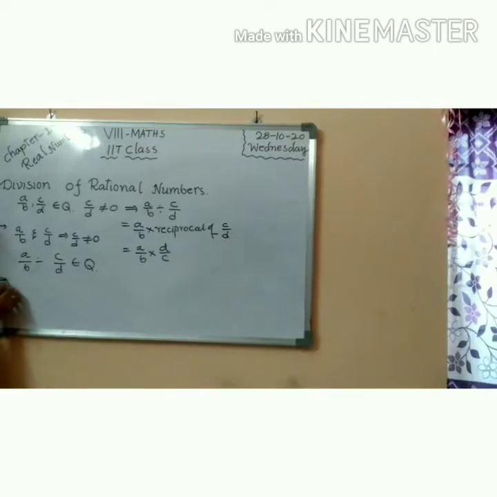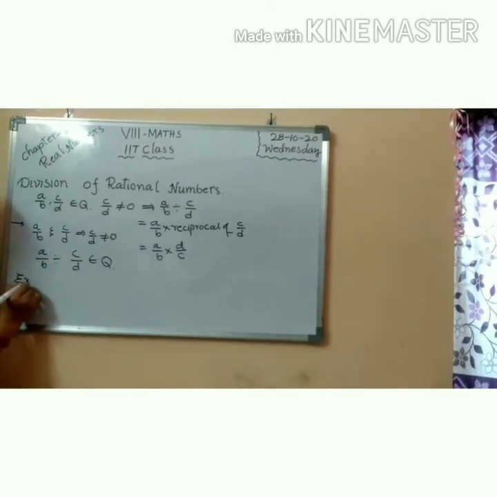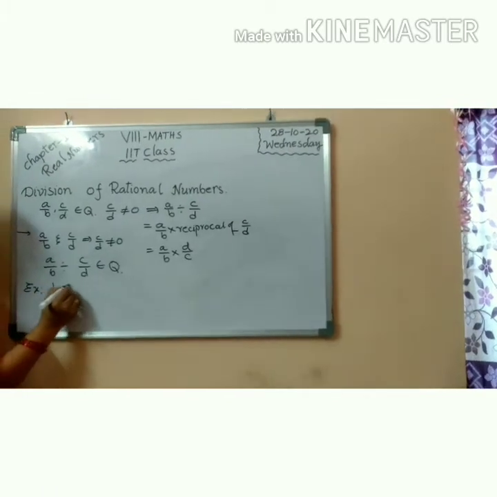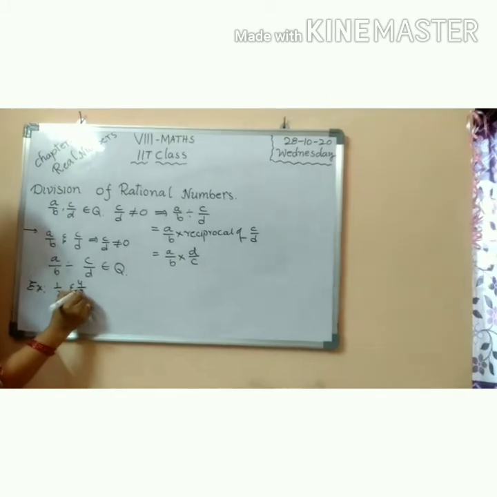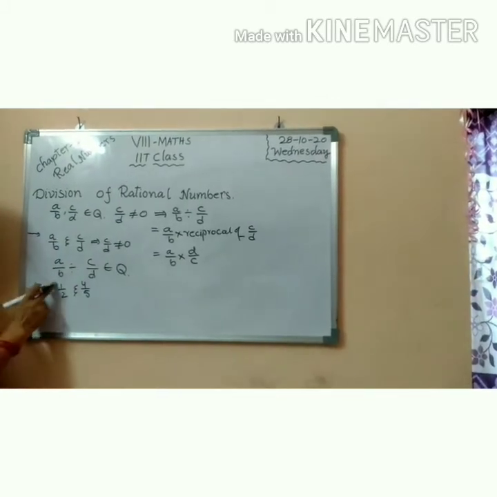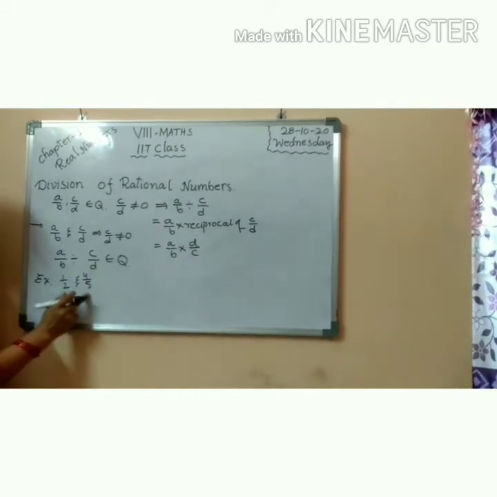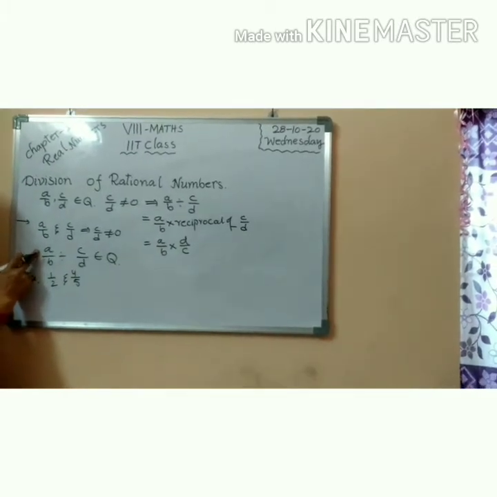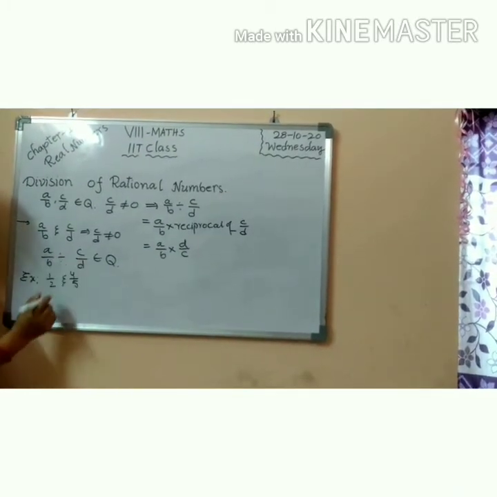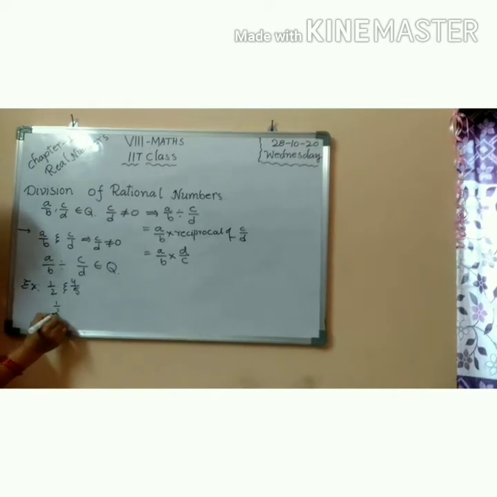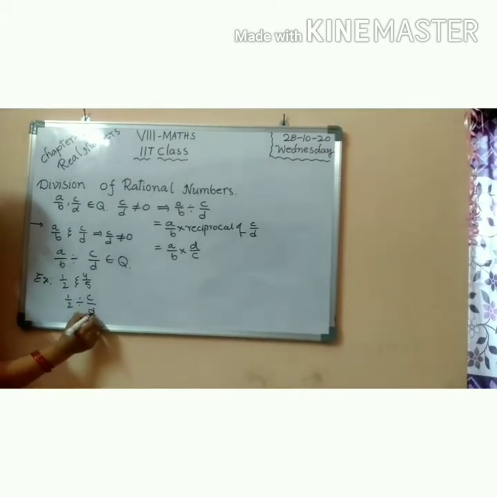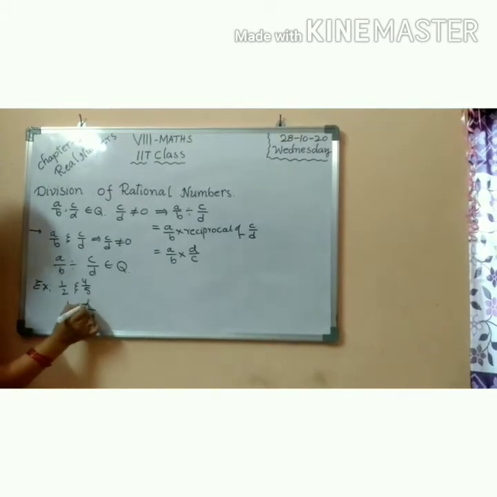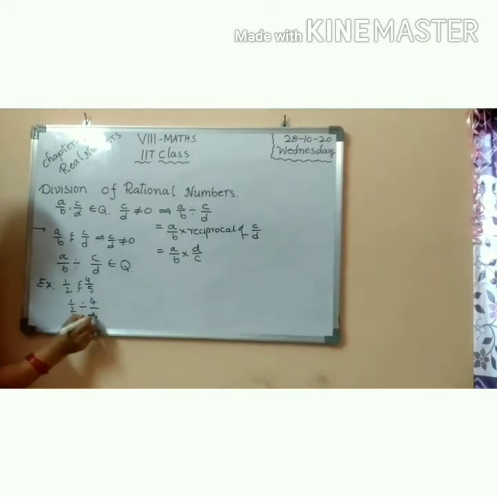For example, take 1/2 and 4/5. Substitute in the formula A/B divided by C/D. So here, 1/2 divided by 4/5.